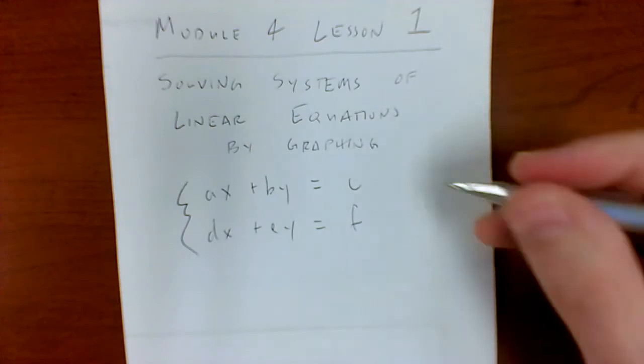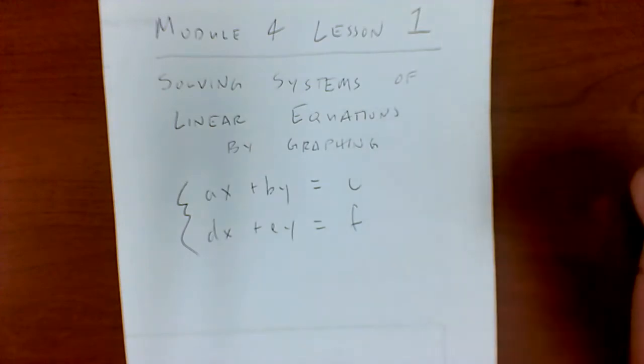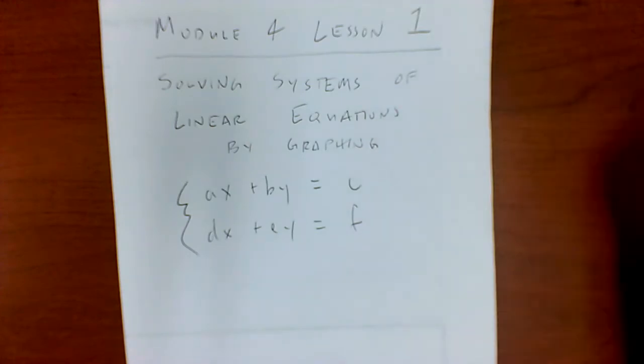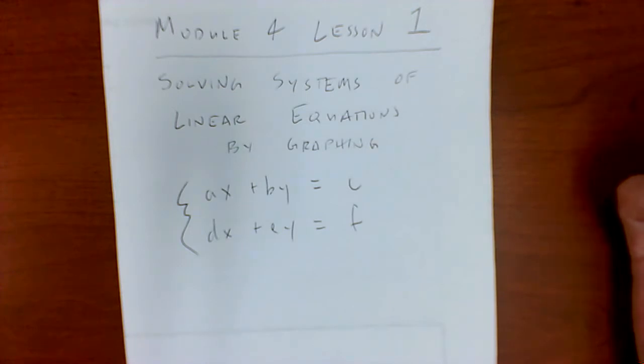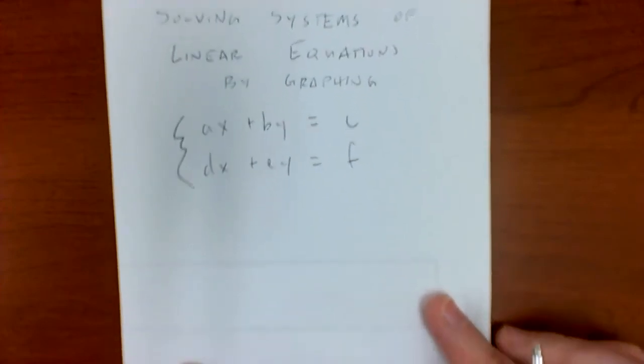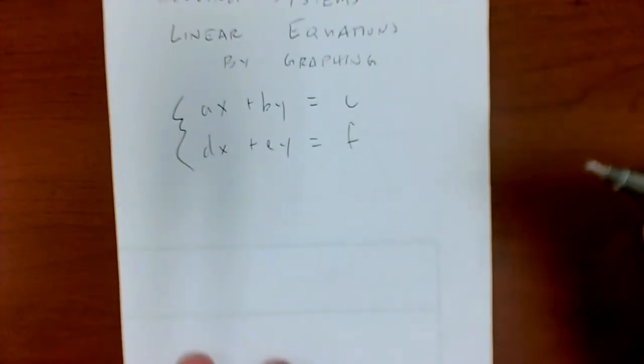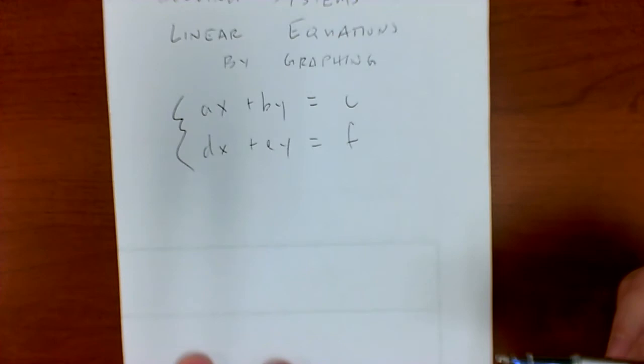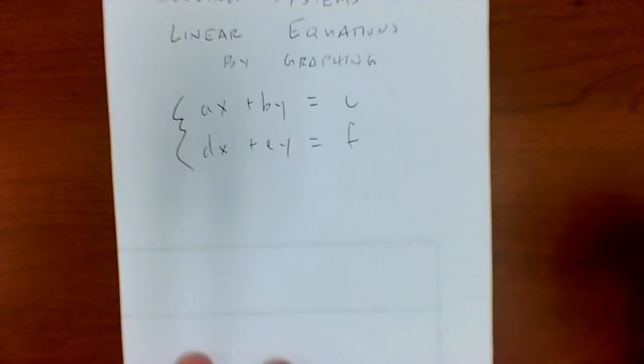Okay, so a few things we know about each of these linear equations. Well, we call them linear equations because when we graph them, the graphs are going to be straight lines. And so there's really only three things that can happen when we're graphing these systems of linear equations, because the graphs are going to give us two lines.